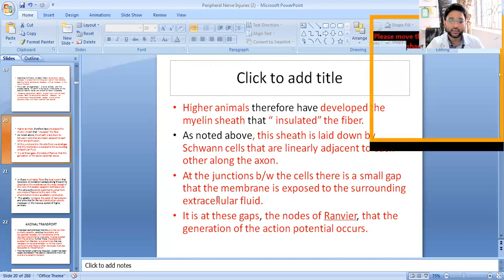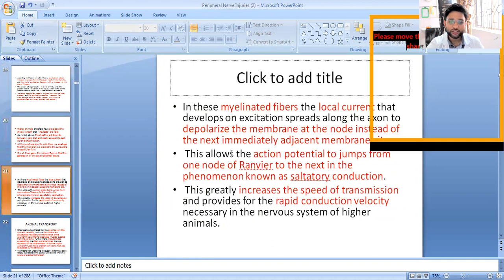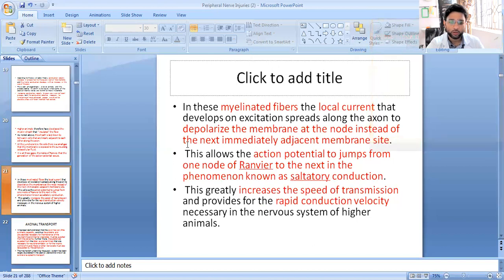It is at these gaps, the nodes of Ranvier, that the generation of the action potential occurs. In these myelinated fibers, the local current that develops an excitation spreads along the axon, depolarizing the membrane at the node instead of the next immediately adjacent membrane site.